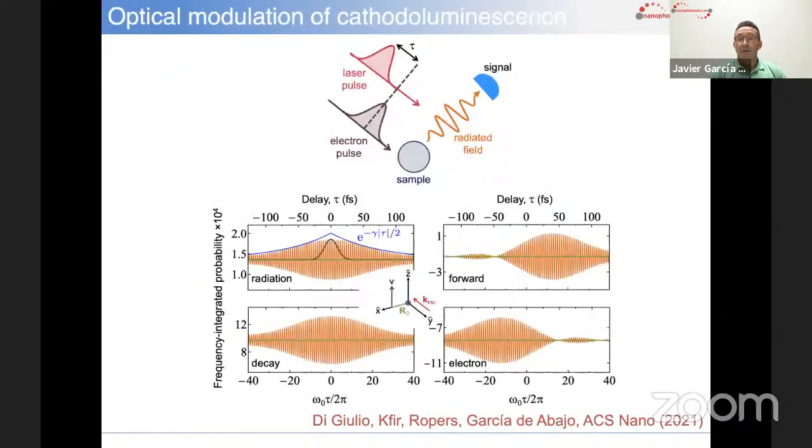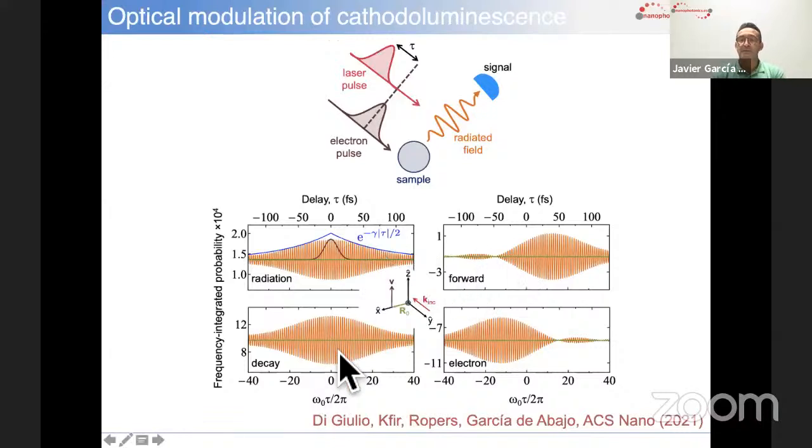Okay, so actually you can play with the delay between the laser pulse and the electron pulse, and for example, look at the electron gain or loss of energy, and this is represented in this panel, but also how much radiation is emitted, represented in this panel. So these are units of the optical cycle of the modulating light.